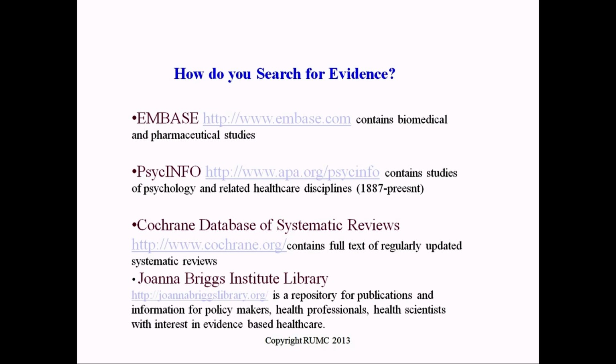There are a couple other databases worth mentioning. Embase contains a lot of biomedical and pharmaceutical studies. If your need is more psych or psychology related, you might want to look into PsycInfo. The Cochrane database of systematic reviews, and we're going to be talking about systematic reviews soon, is a nice database that really provides a wealth of information in one systematic review.